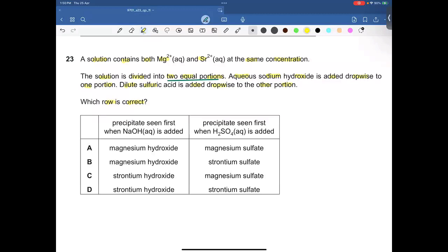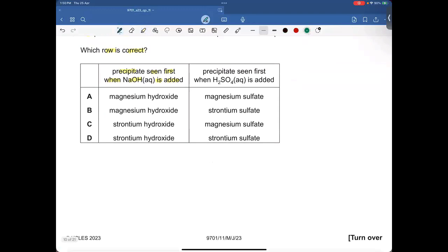Precipitate seen first when NaOH is added. I've told you, from magnesium hydroxide to barium hydroxide, solubility increases.